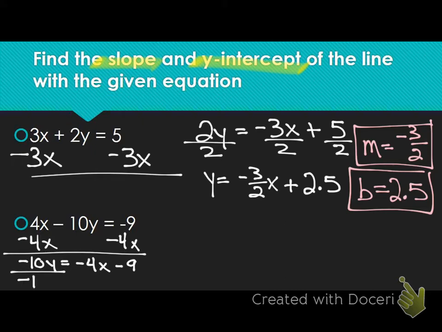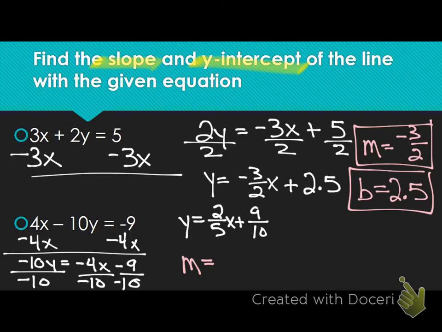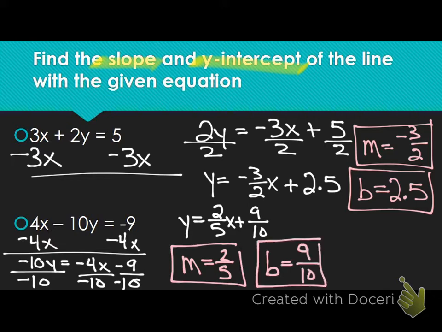Divide everything by negative 10. All right, and you've got to make sure that you reduce correctly. All right, so m equals what? 2 over 5. And b equals 9 over 10. All right, who got those right before I did? Anybody get those right? Okay, so identifying the slope and y-intercept, you've got to write it in function form first, and then you can identify.